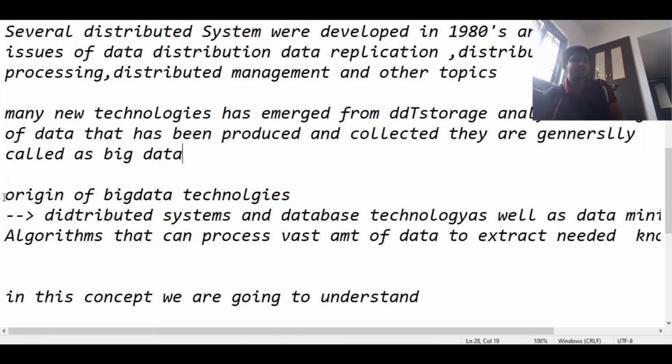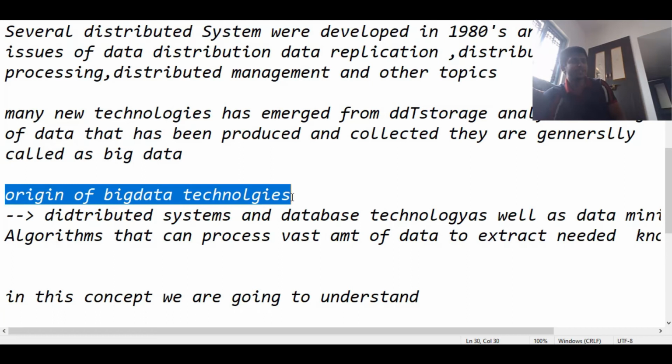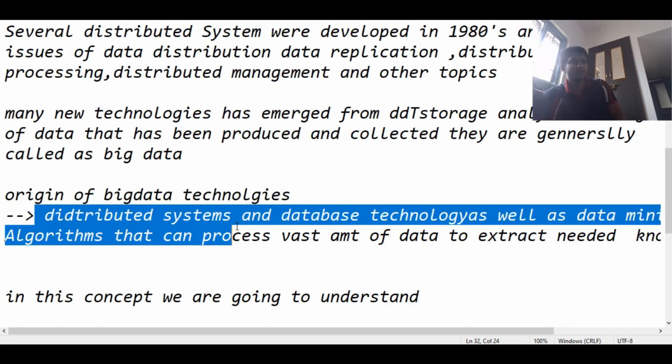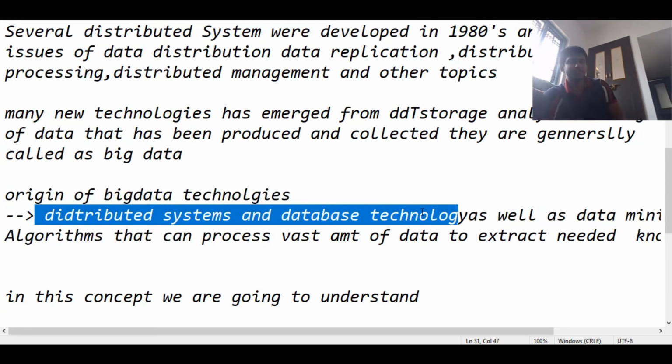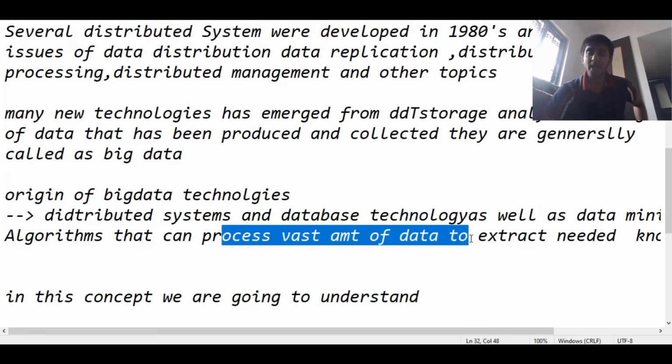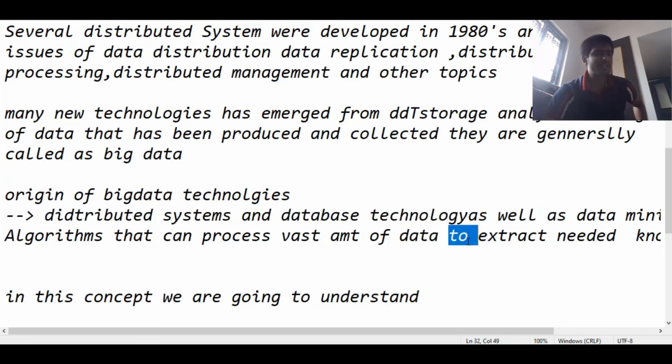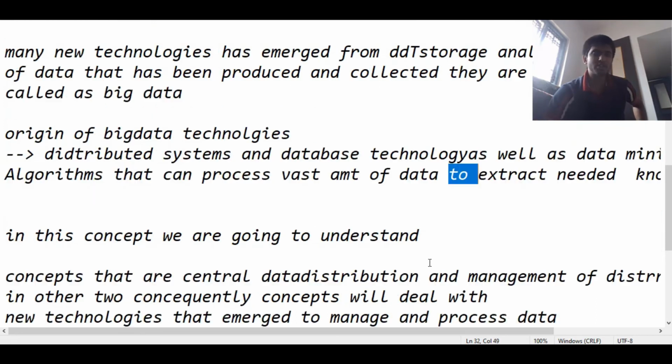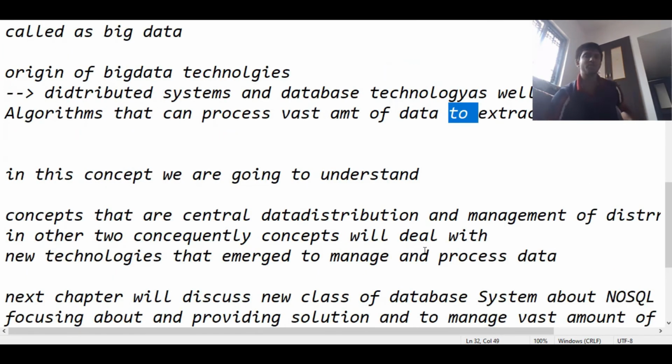So, how did the big data technologies originate? Distributed database technology, distributed system technology, and data mining were introduced into the market, and machine learning algorithms were implemented. To process the vast amount of data and extract knowledge, we require these.